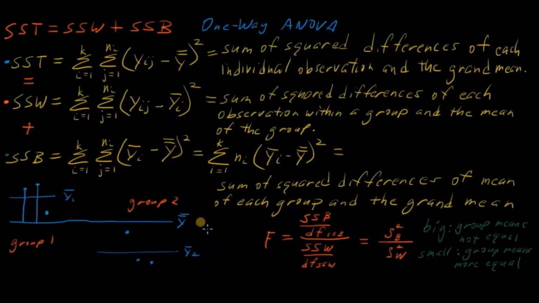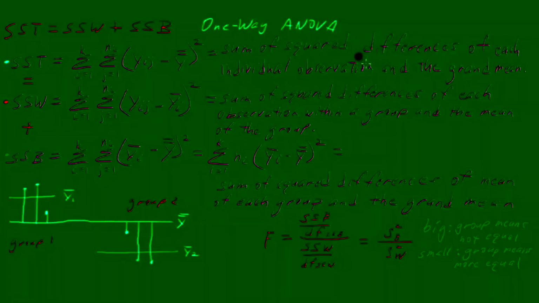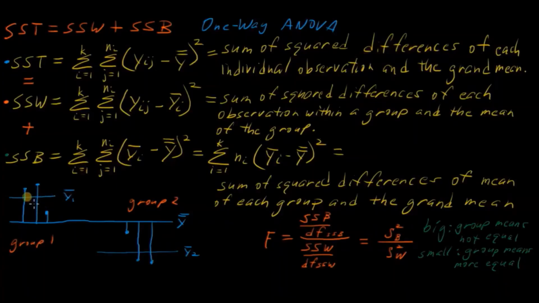This line is our grand mean, and we are simply taking all the distances of every point in every group, which is a difference. When you see the word difference, think of a distance. And we're squaring them up and summing them up.